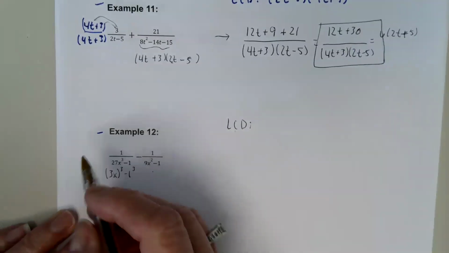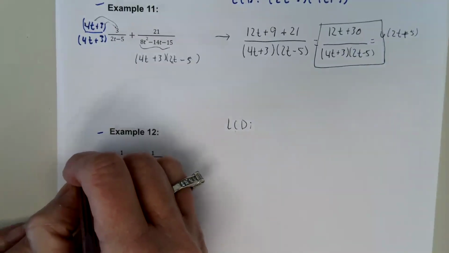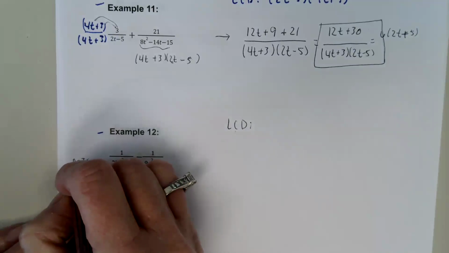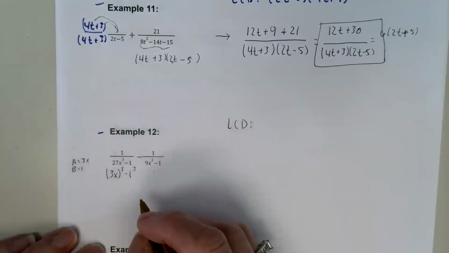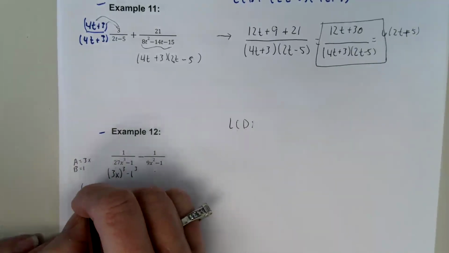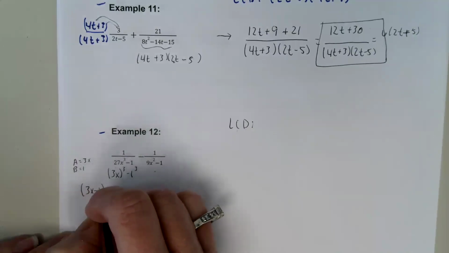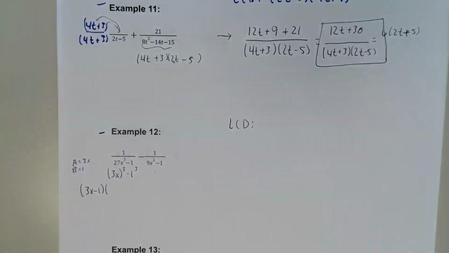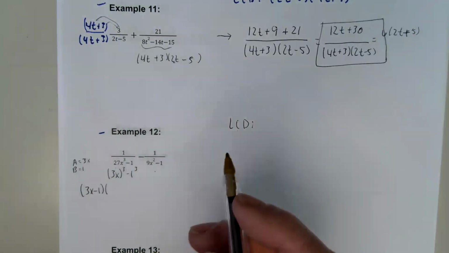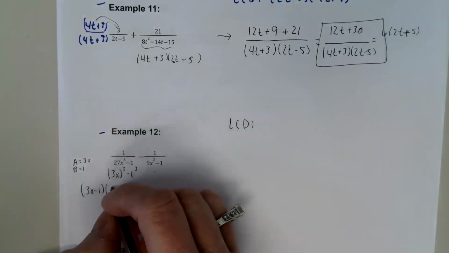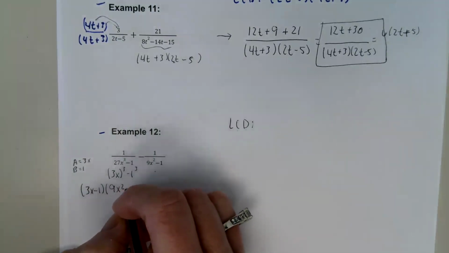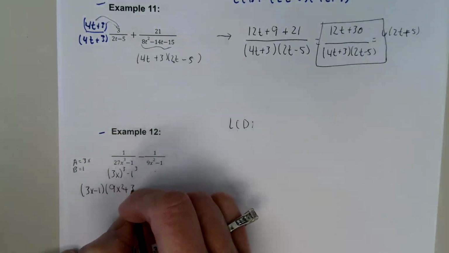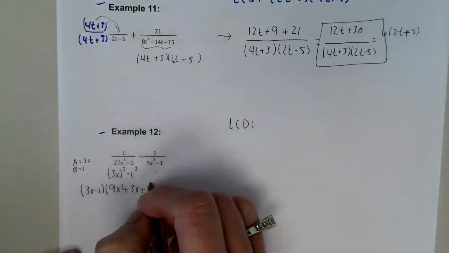So A is 3x and B is 1. So it factors into 3x minus 1 times 9x squared plus 3x plus 1.